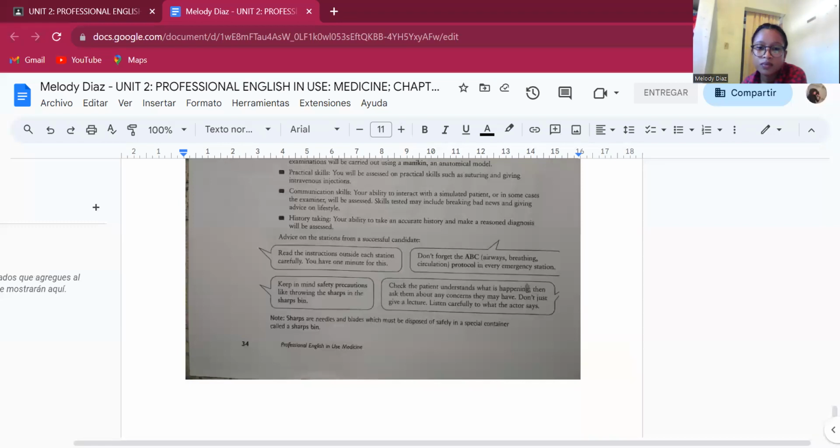Don't just give a lecture. Listen carefully to what the patient says. Note, sharps are needles and blades which must be disposed of safely in a special container called a sharps bin.